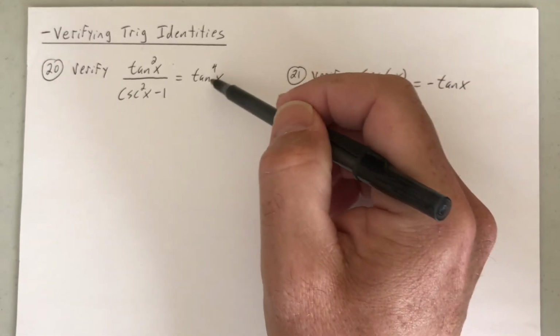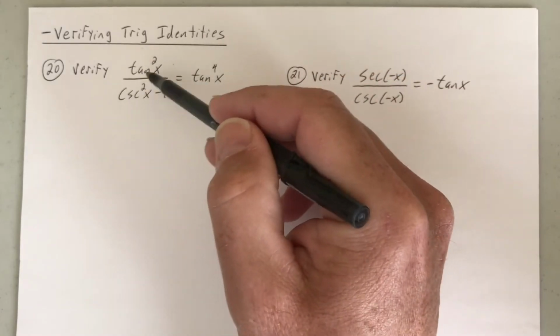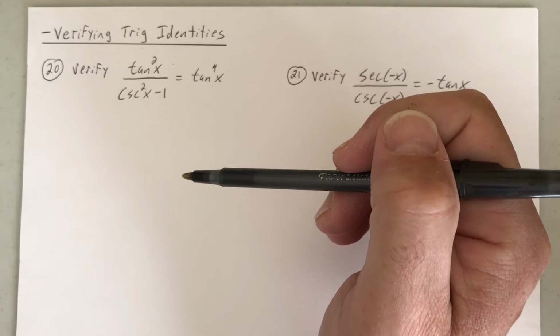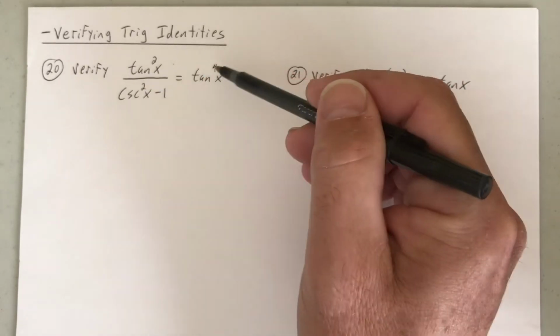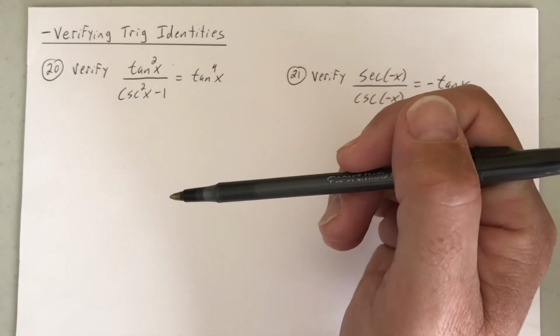Now obviously this is just tan to the fourth x, so there's really not much that we can do with this. We're probably going to manipulate this left side. When we were simplifying, one of the strategies was changing things to sines and cosines. That's not really going to help us here because this is tan to the fourth x, so we don't necessarily want to change that. Well, what can we do?